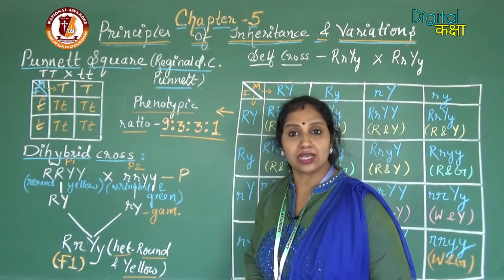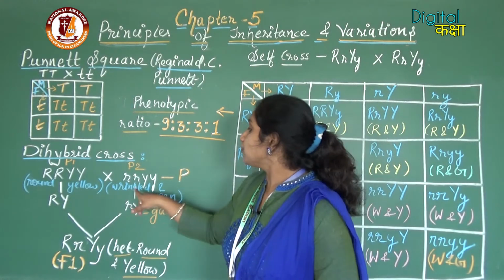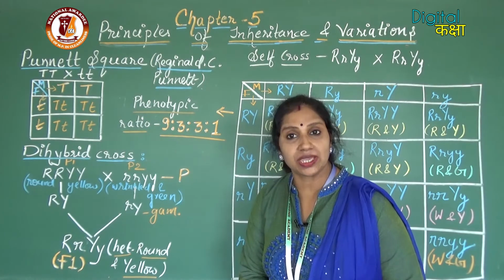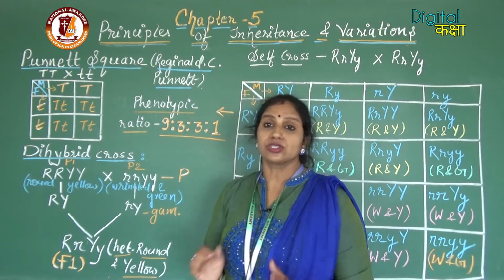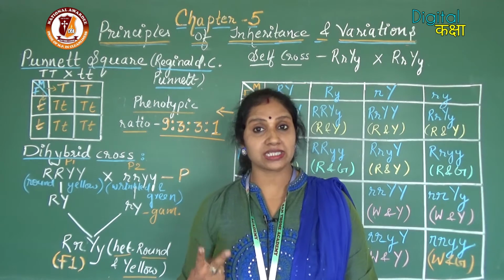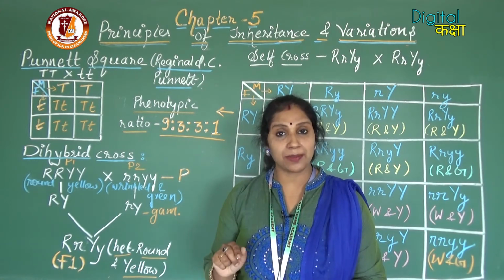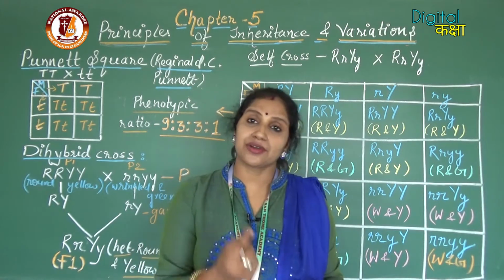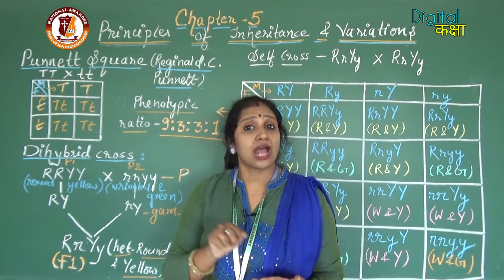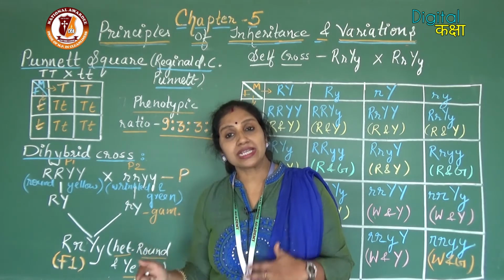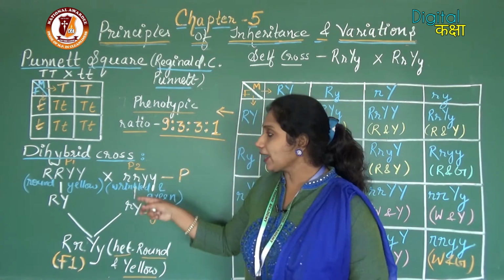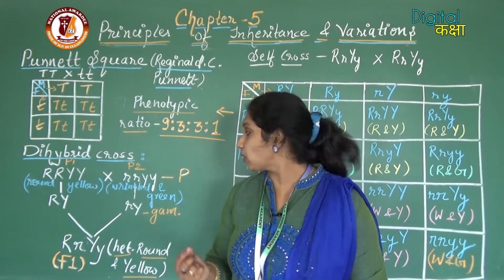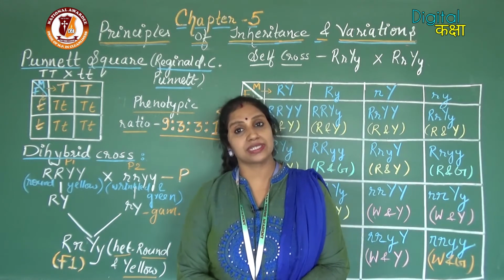When we go to the recessive traits, the recessive color is green and the recessive shape is wrinkled. Round is the dominant one and wrinkled is the recessive one, while yellow is the dominant color and green is the recessive one.